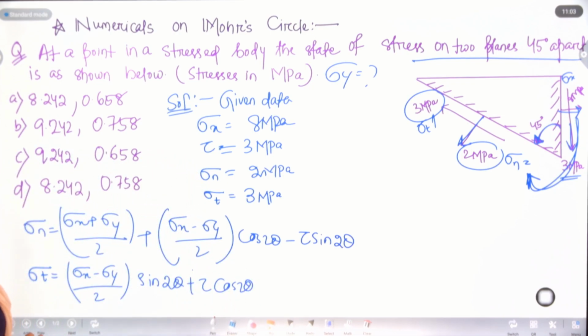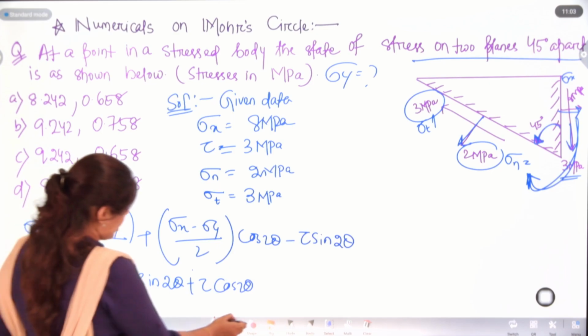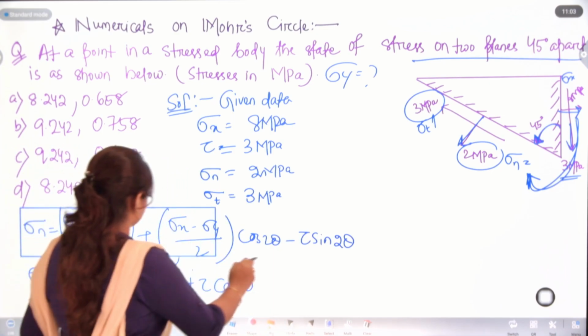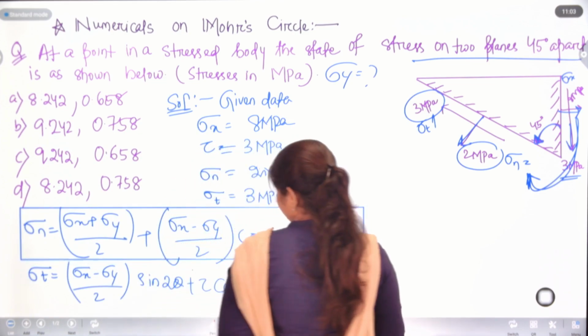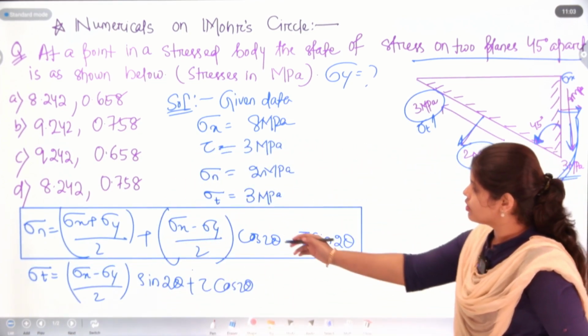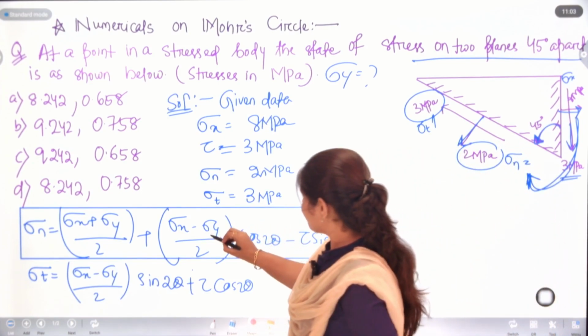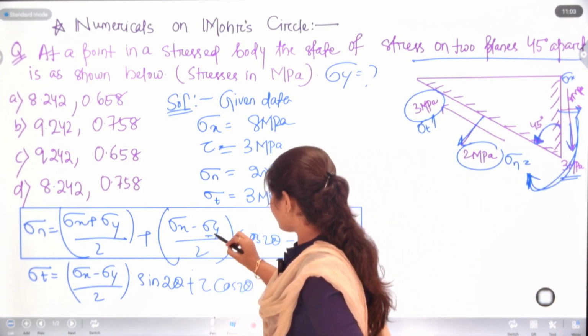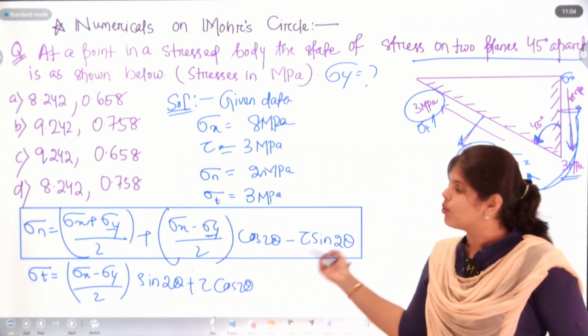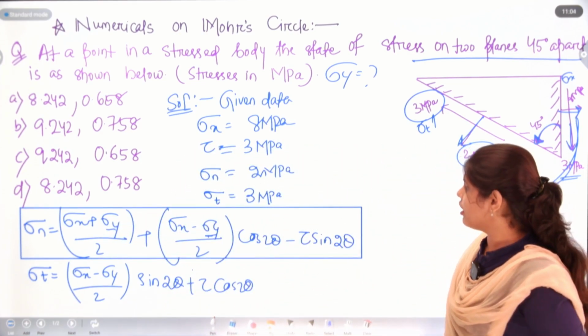If we just take the sigma n formula, and use this formula to find out sigma y, then we can get the value of sigma y.